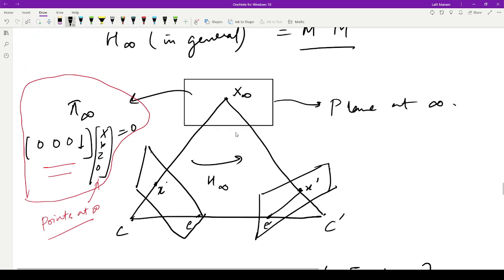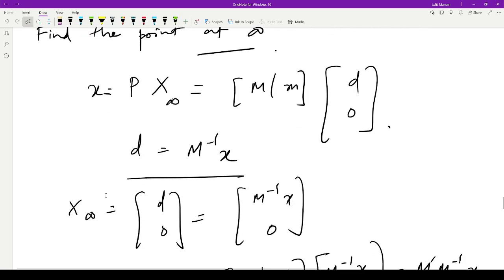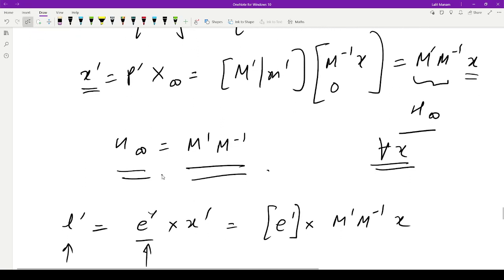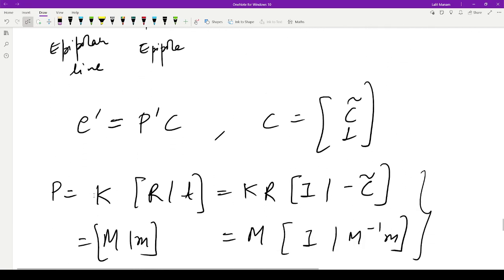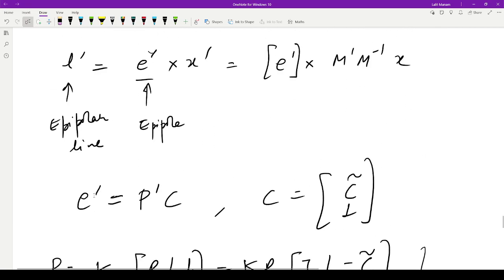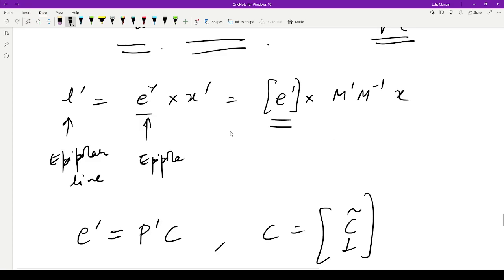Yeah, the main part is the derivation. What we did is we are given two point correspondences x and x prime. We try to find the point at infinity, and with this point at infinity, we come back to the other image plane, x prime. Relating these two things, we get the homography at infinity. Then for finding the fundamental matrix, we need to find the epipole in the second image plane, which is nothing but the image of the first camera center onto the second image plane.